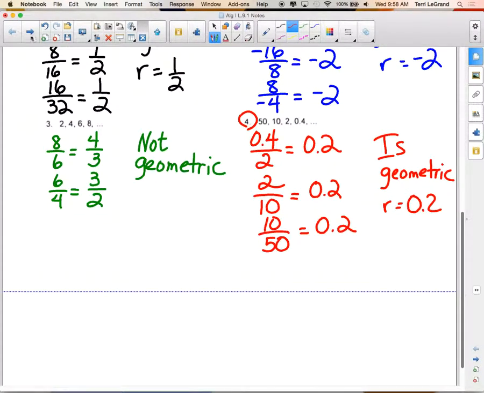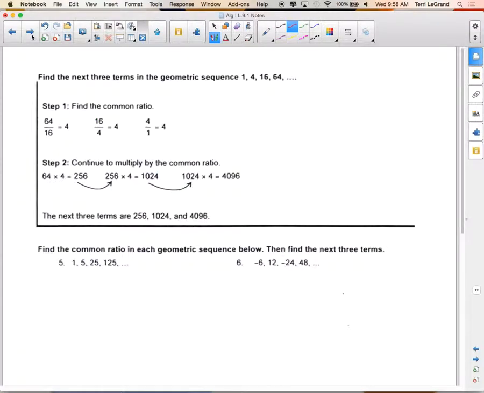Okay, let's go to the next thing that we're going to talk about. And I'm not going to make you work quite as hard as they did here. If it says find the next 3 terms in the geometric sequence, they're already telling us it's a geometric sequence. If they say it like this, determine if it is a geometric sequence, and then find the next 3 terms if it is, that's a different story.